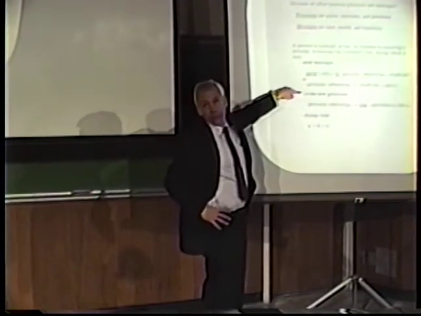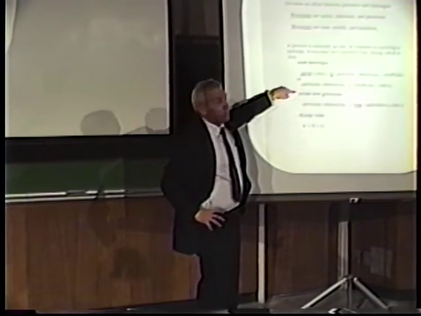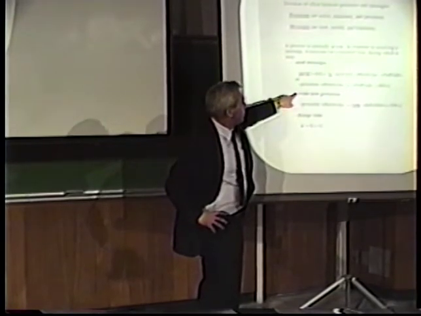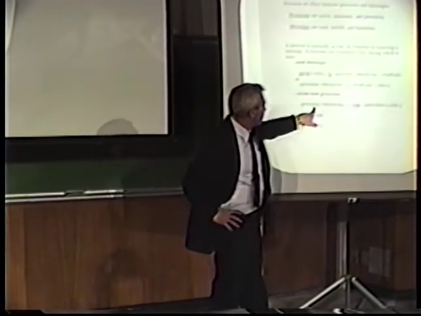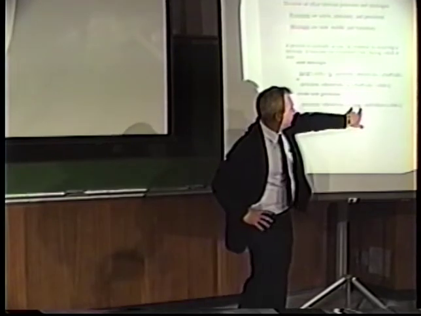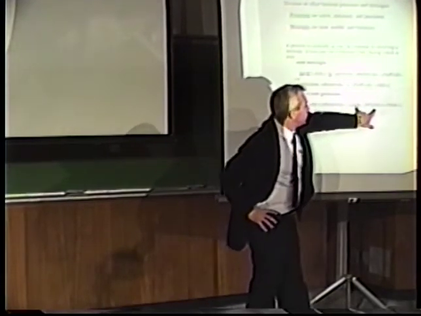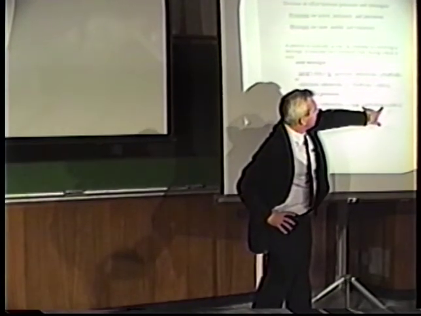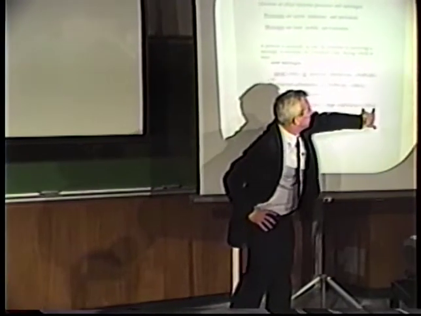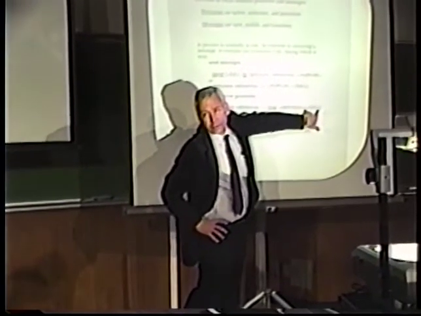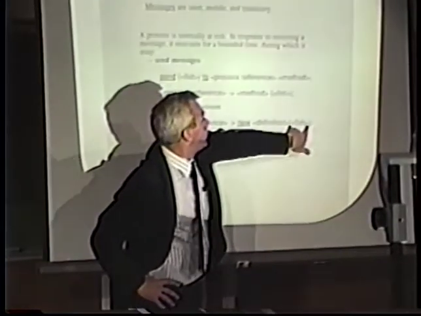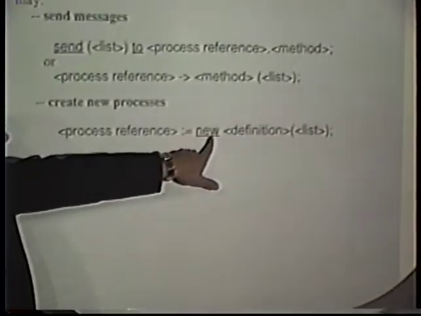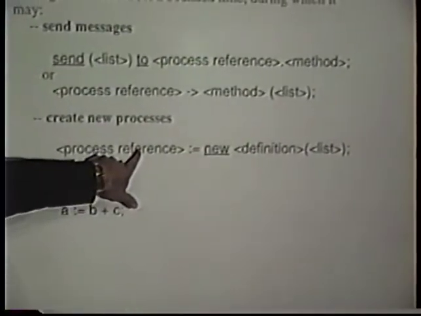It can create new processes. By the way, those of you who are used to C++ kind of notation, of course, we say, I want a new instance of the process that has this definition, and I want to initialize it with this list of persistent variables, and new returns a reference to that process.